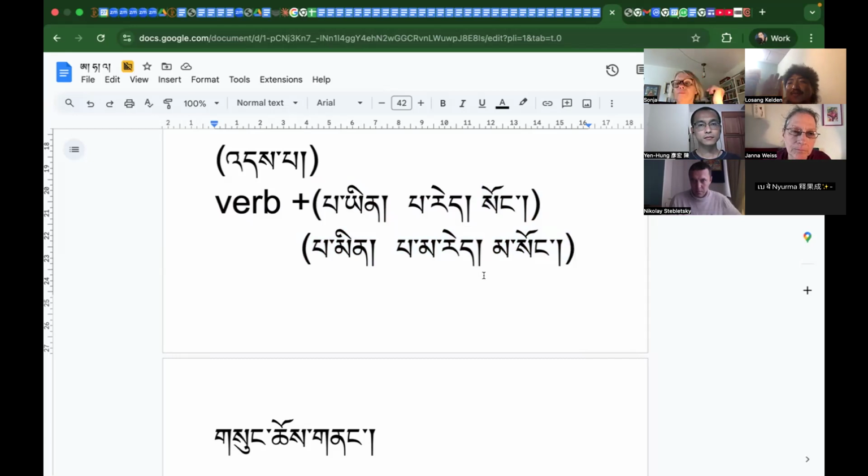At that time, you don't put the action doer particle. He didn't make himself taller. It is natural, rangshin riba, so you don't put it there. So keep that in mind. But you know where to put the action doer particle: after the action doer.